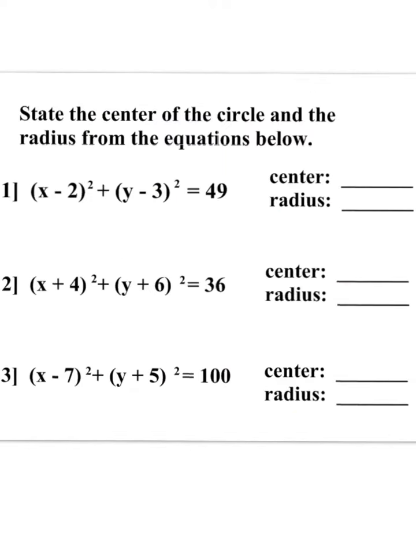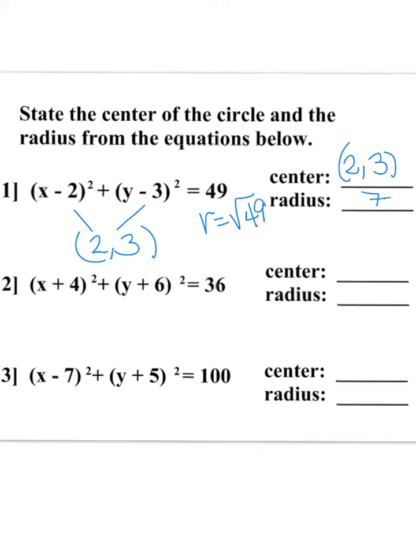Okay, now we're going to go backwards. From an equation, I need to identify the center and the radius. So all I have to do, it's in standard form, it's minus 2 and minus 3, so I'm just going to put positive 2, comma 3 as the center, and the square root of 49 is equal to the radius of 7. See how there's plus signs here?